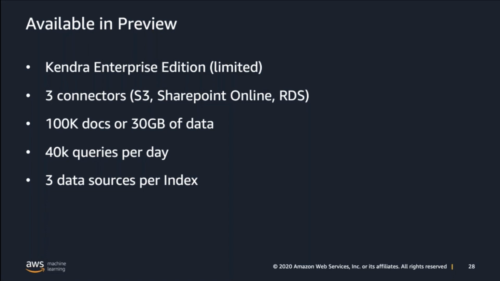Kendra supports up to 40,000 queries per day. This is roughly about 1 query every 2 seconds. You can have a maximum of 3 data sources per index. Even though Kendra is in preview, this still allows you to test Kendra and even deploy for many applications. And I'll talk about a particular application in a demo.